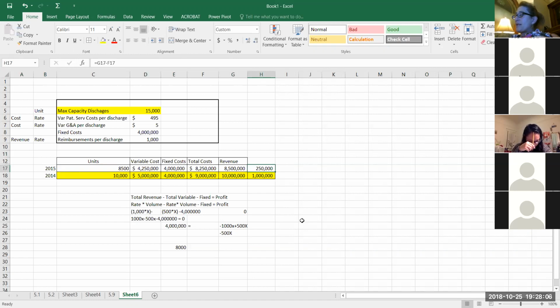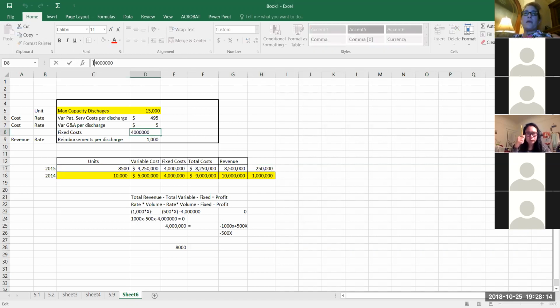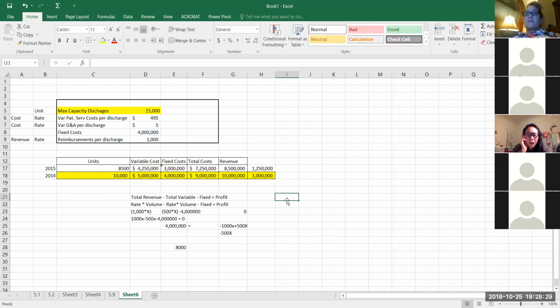So your management has said, okay, let's do something. Let's cut our fixed costs. They're saying we're going to cut our fixed costs, which used to be 4 million. So I'm going to go in this cell and take $1 million out of those fixed costs. Okay, so that's one more zero. There we go. Now what just happened?